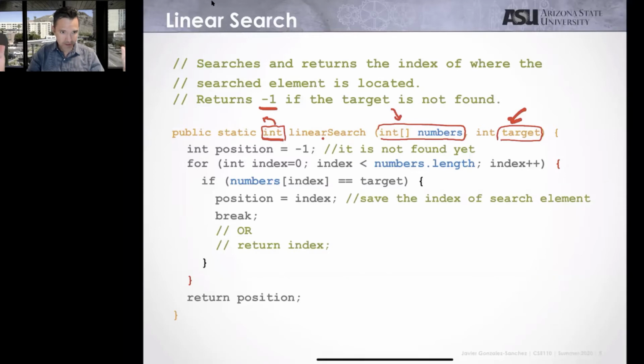Putting things together. At this point, you understand why this method is public, static, the int, and all the parameters, including the first one that has the brackets. Why am I making this method public?